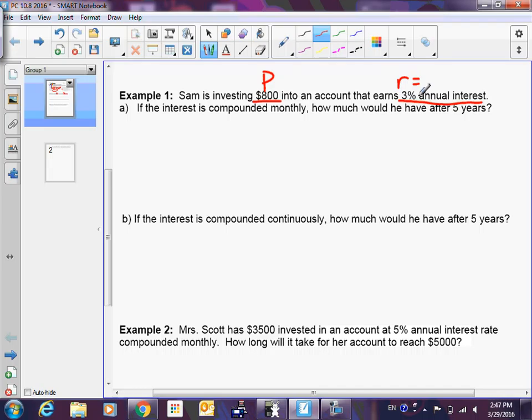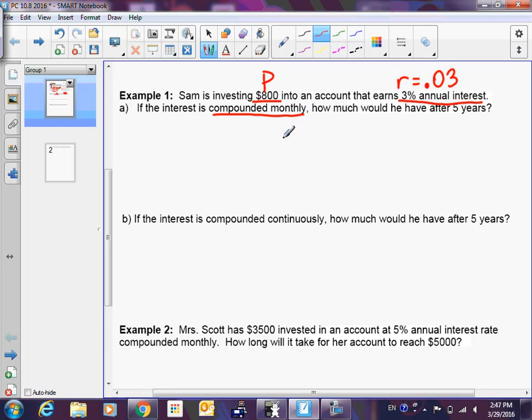So this is where we don't have to do a whole lot of work to find K, like we did yesterday. Here we're going to find R, but what is that as a decimal? 0.03. Because how much is a percent out of? 100. So 3/100ths is 0.03. Then we get compounded monthly.